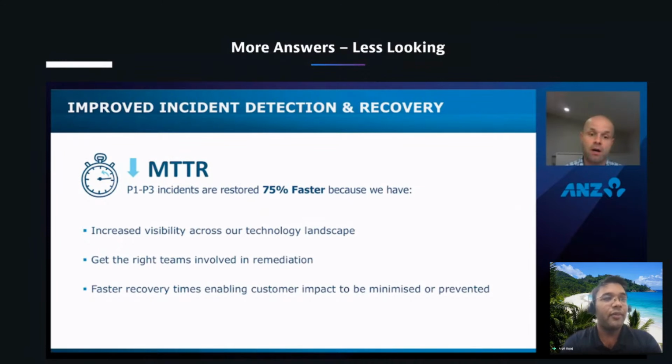Also within ANZ, their mean time to resolution has actually decreased by 75% because they have the increased visibility across all the technology landscape. And because of that, they can get the right teams involved in remediation, which leads to faster recovery times, enabling customer impact to be minimized and prevented.